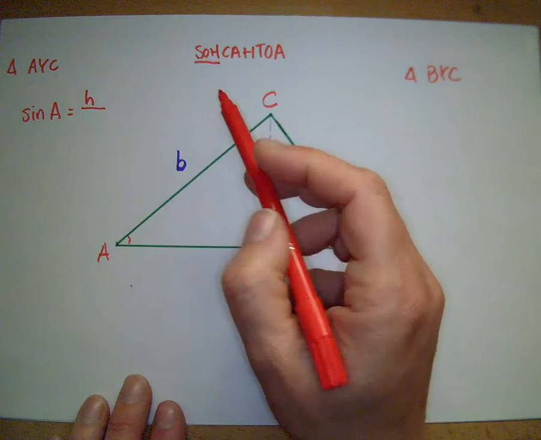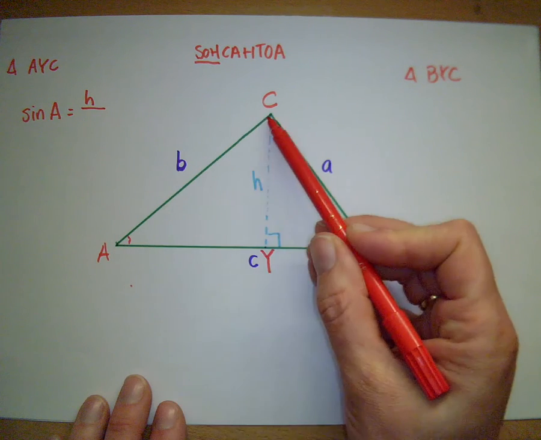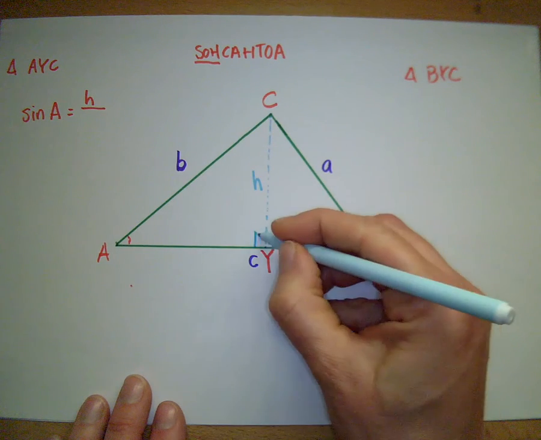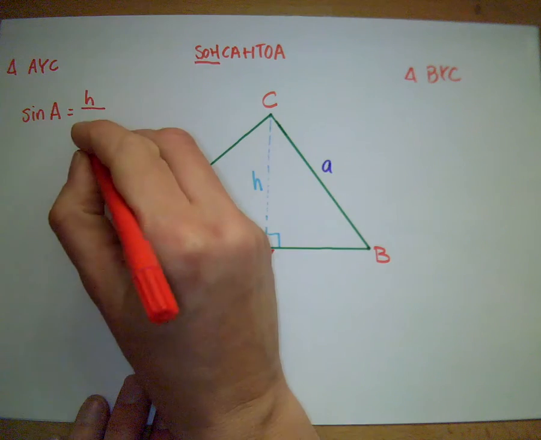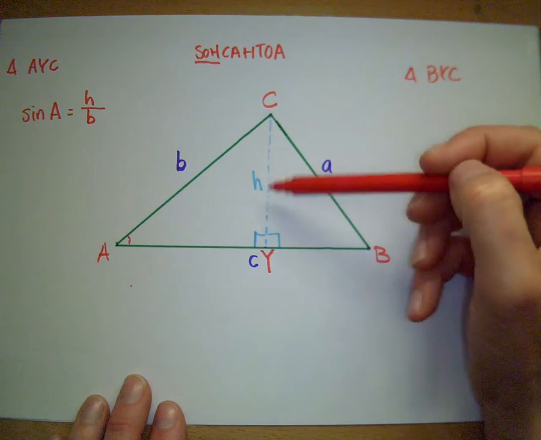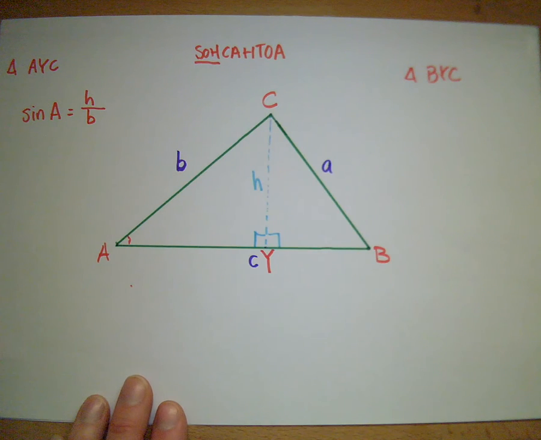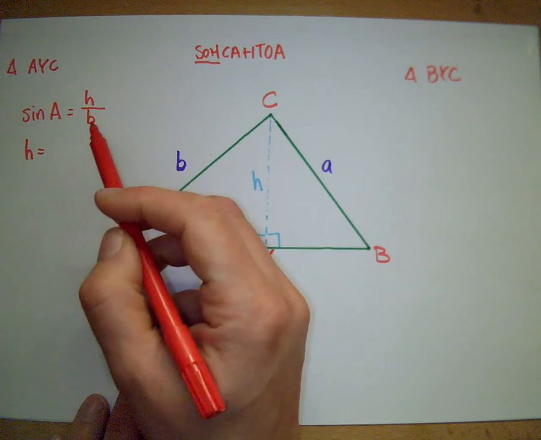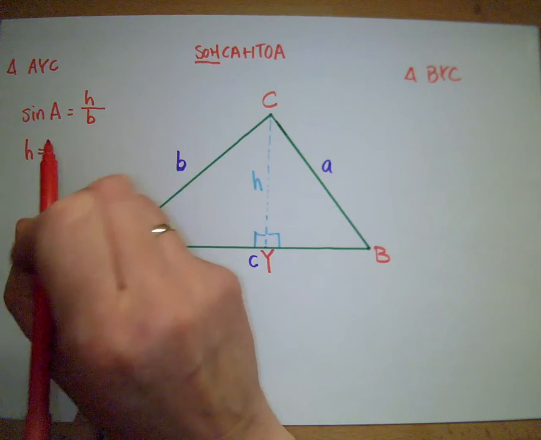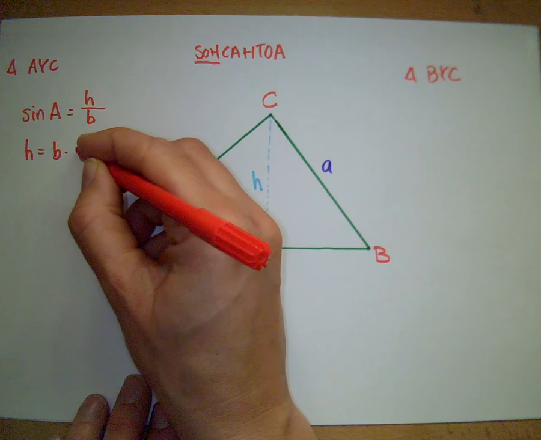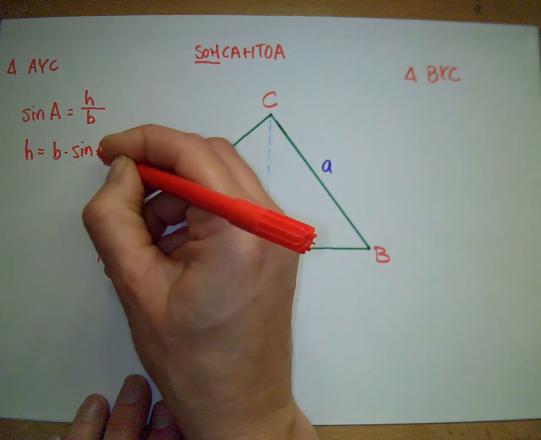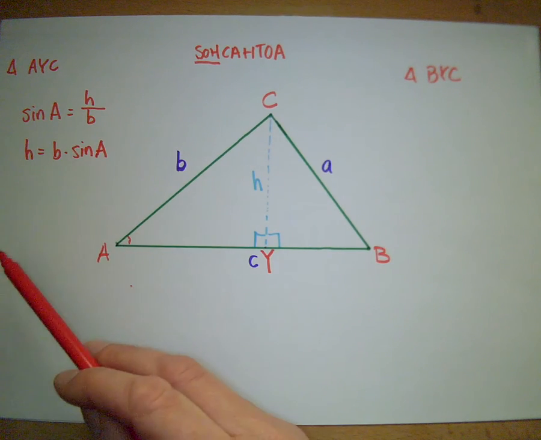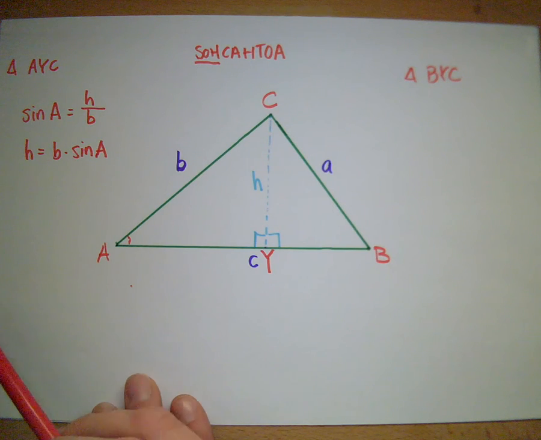So h over hypotenuse, and the hypotenuse is the side opposite the right angle, which in this case is b. So the sine of angle A is h over b. Now if we want to make h the subject of this equation, we multiply both sides by b, and now I'm going to flip sides. It gives you this. You can pause the video and check me if you feel the need to. But we can switch this around, make h the subject of this equation.